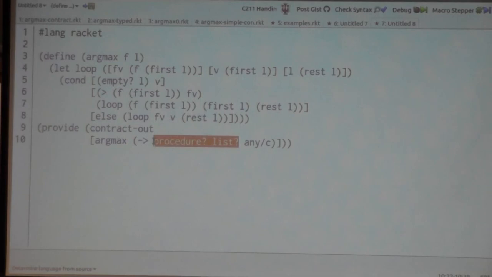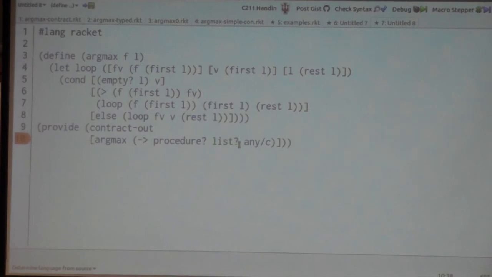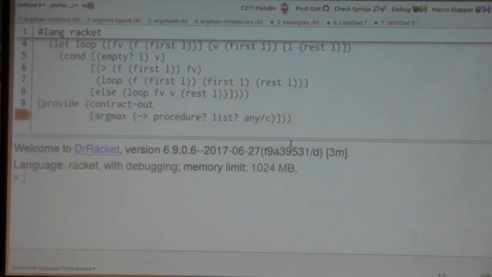So procedure? is just a regular old Racket function that answers true for procedures and false for numbers and strings and lists and input ports and that sort of thing. And list? is similar, and any/c is a contract that always succeeds. So it's just saying returns something. So we've now satisfied the most trivial specification, and when we run this program, it does in fact do that.